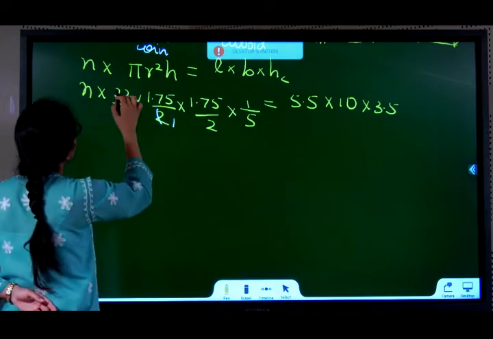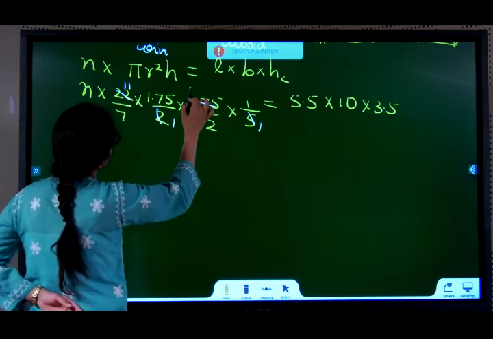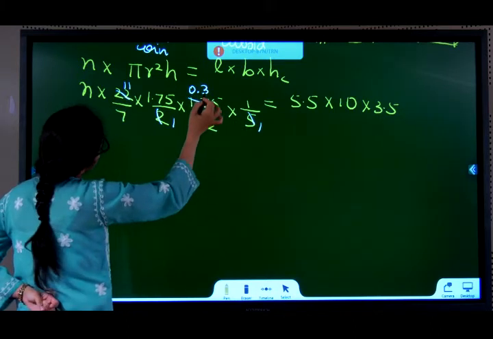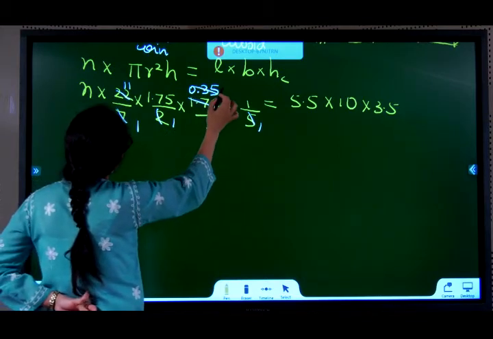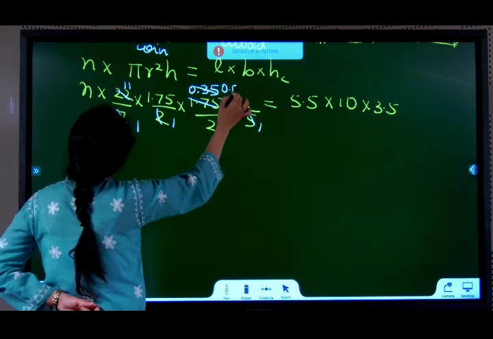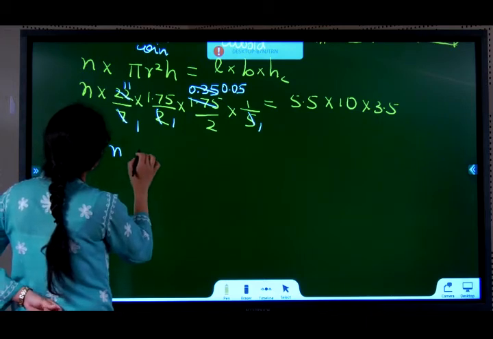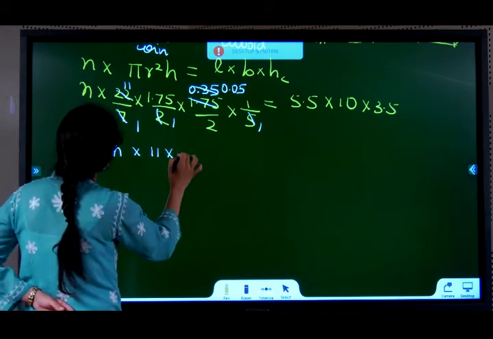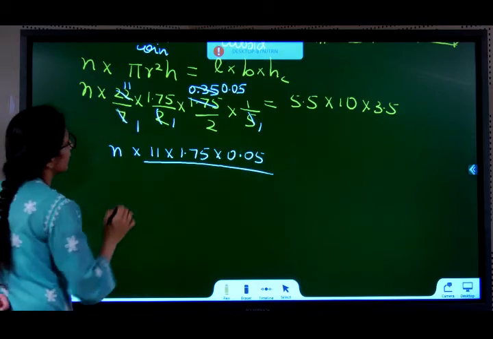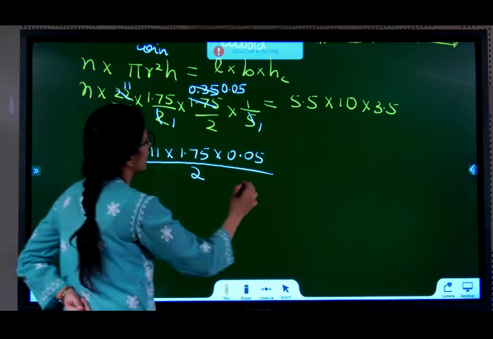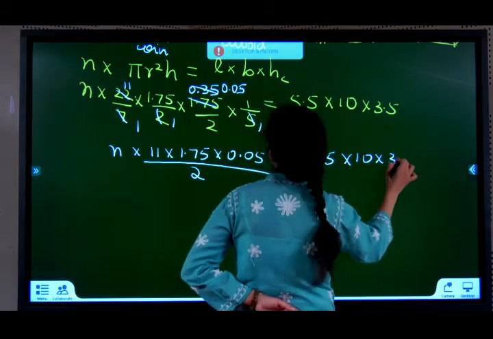Two ones are 2, 2 11s are 22, 5 ones are 5, 5 zeros are 0, 5 3s are 15, 5 5s are 25, 7 ones are 7, 7 zeros are 0. So N into 11 into 1.75 into 0.05 divided by 2 is equal to 5.5 into 10 into 3.5.